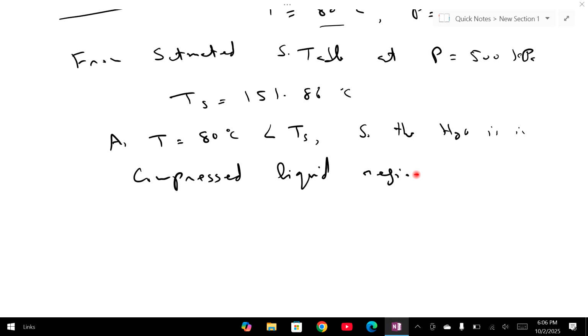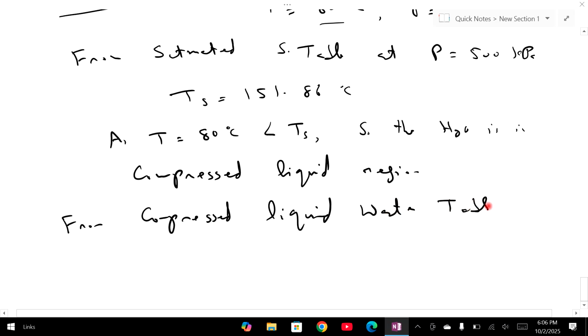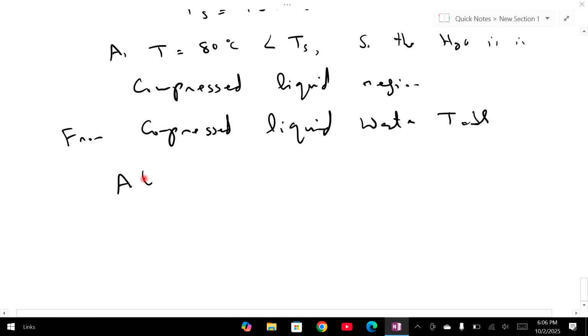From the compressed liquid water table, at pressure equal to 500 kilopascal and temperature equal to 80 degrees centigrade, find enthalpy H.